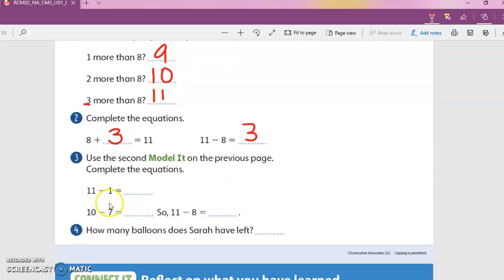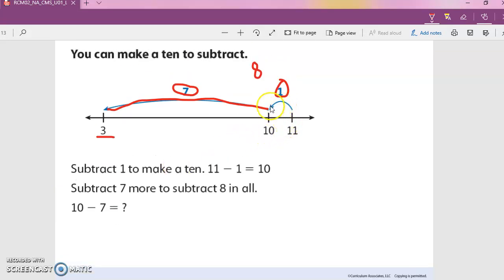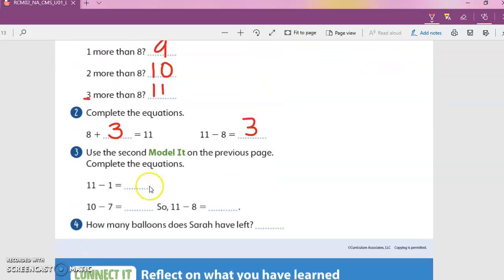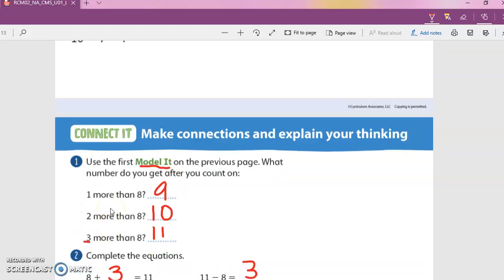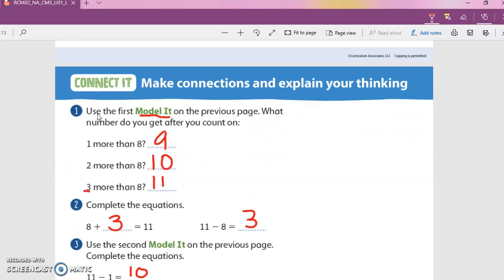So this one's using the number line where it says 11 minus 1. So right here, 11 minus 1 was what? It was 10, or it is 10. And then 10 minus 7, so 10 minus 7 equals 3.